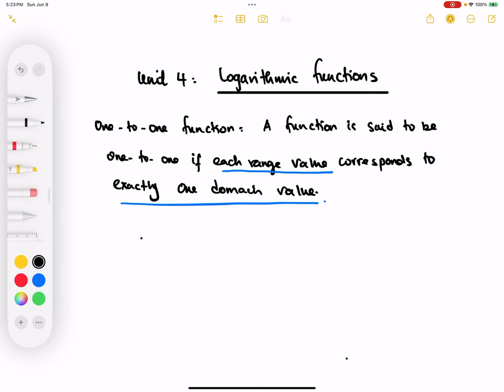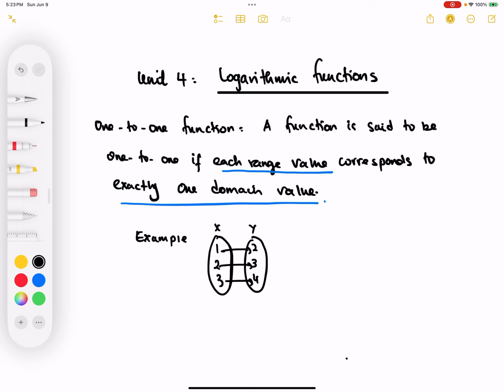For example, let's see an example: 1, 2, 3. This is the x, and 2, 3, 4. And if they are related one to one, so every x value corresponds to exactly one y value.